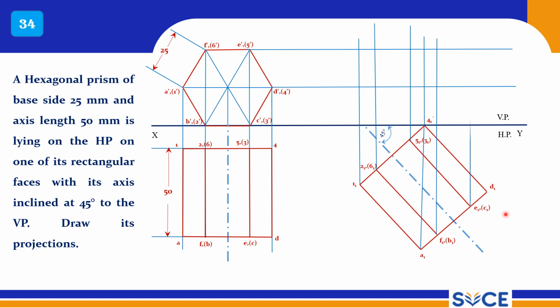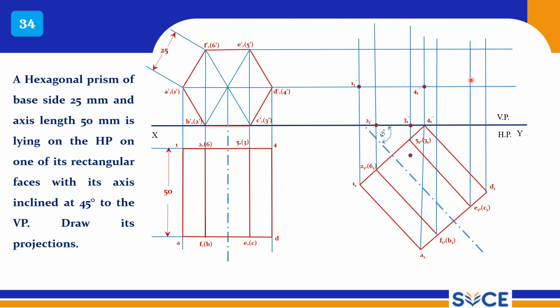You please cross check this. So this is my 1, and this is 2, and this is 6. This is A, and B, C, D, E, F. So E, F, and now these are the points.